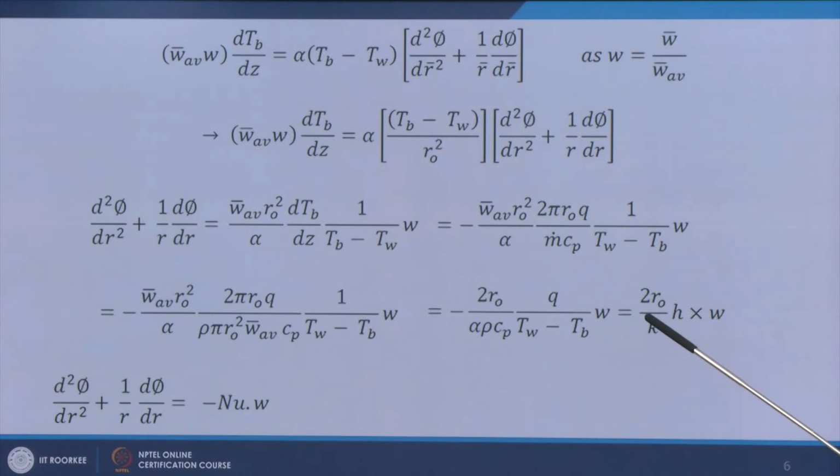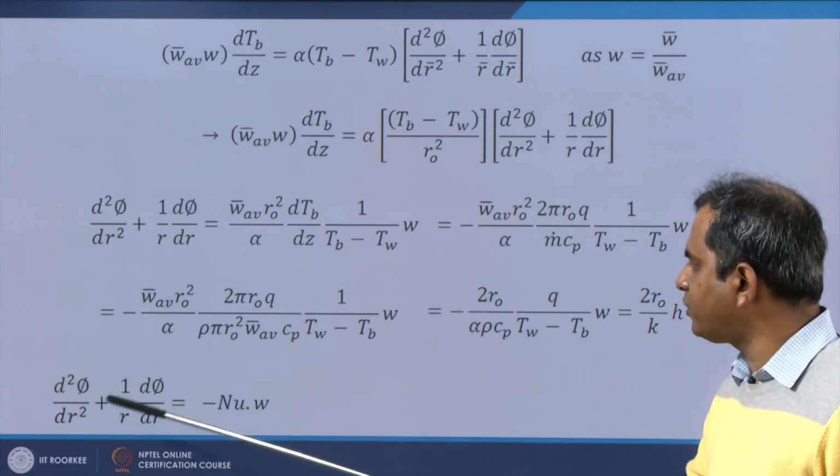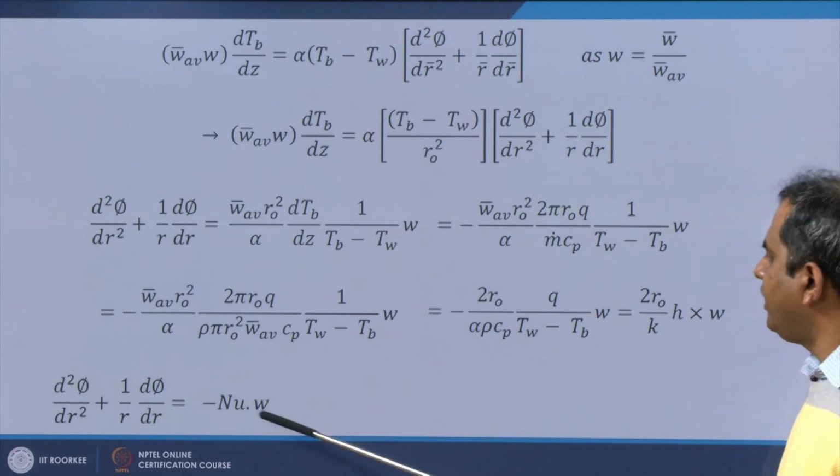Here one minus sign is missing, so this becomes minus Nusselt number into W. So my equation turns out to be del square phi del r square plus 1 by r del phi del r equals to minus Nusselt number into W.